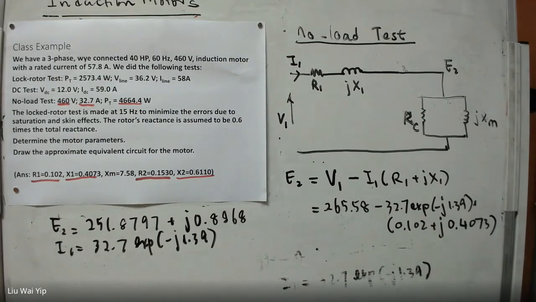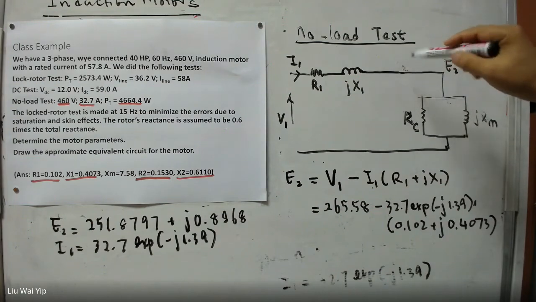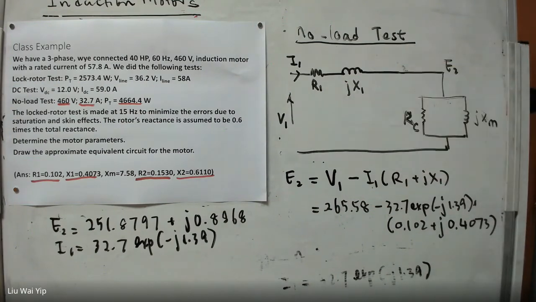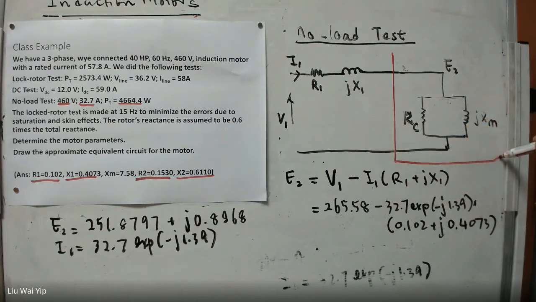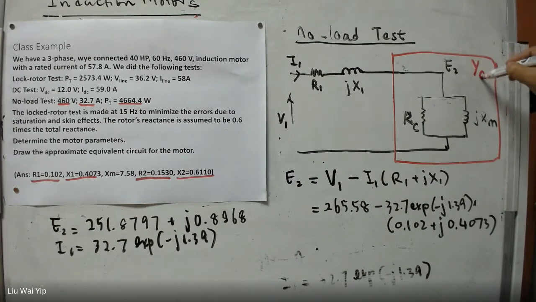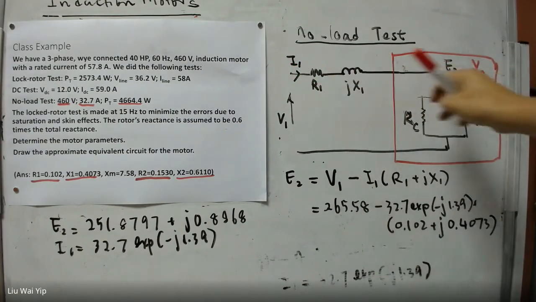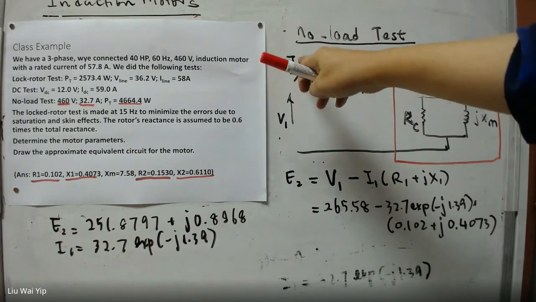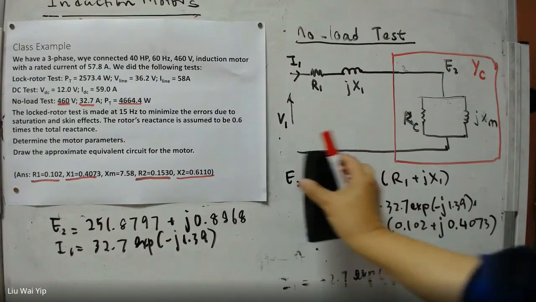So what we can do is to find out the admittance of this equivalent circuit. We don't find the impedance. Instead, we find the admittance. So the admittance here is YC. We can find out the admittance with the knowledge of E2 and I1. So all we need to do is to find the ratio of I1 to E2. So let's continue.